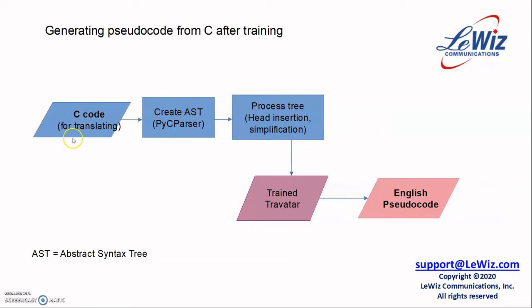After training the tool, obtaining a translation is as simple as inputting a file with C code. Pseudogen will make a syntax tree and use a trained Travatar model to generate the English pseudocode.